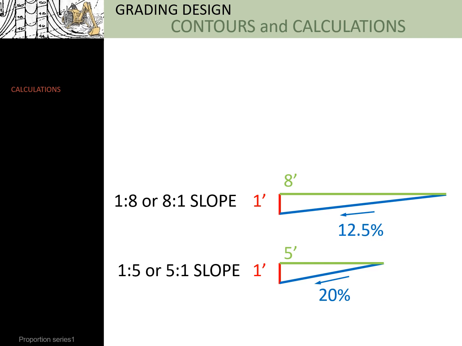Different countries use a different format here. This is a difference between the United States versus Europe. And we know that a 1 to 8 slope is equivalent to a 12.5% slope. Similarly, a 1 to 5 or 5 to 1 slope is equivalent to a 20% slope.